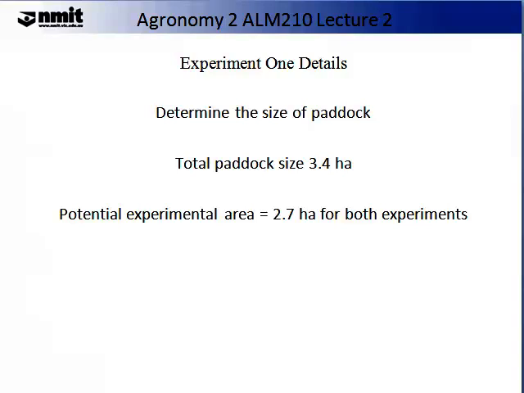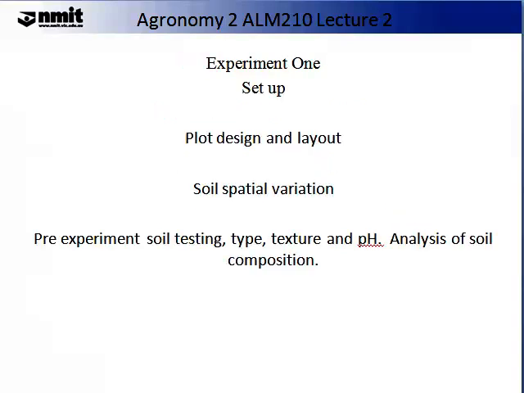We determined that the potential experimental area that was available for use was 2.7 hectares. This was the area for both experiments. We turned over the paddock after the spraying of the weeds to ensure that it was ready for the sowing of our new crop.